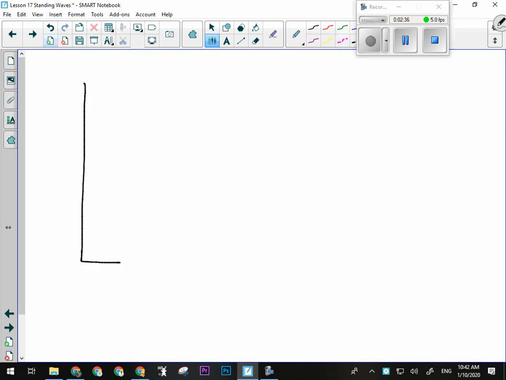If I have an air column that is closed at one end, then I'm dealing with a closed air column. The first or fundamental frequency that gets produced has a waveform like this. There's an antinode at the open end, and obviously a node at the closed end because that's where it's reflecting off.